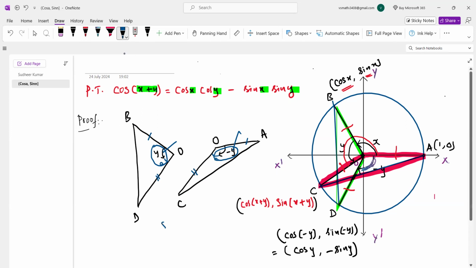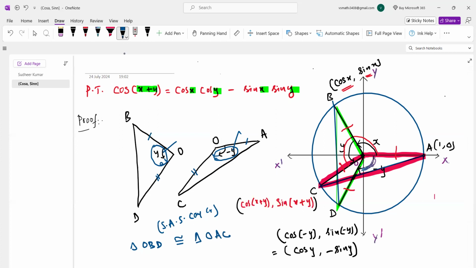Now using the SAS congruency criteria, triangle OBD is congruent to triangle OAC. Hence, the corresponding parts are equal. So we can write BD equal to AC.